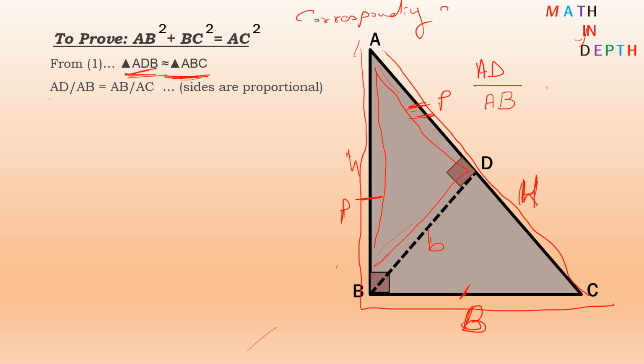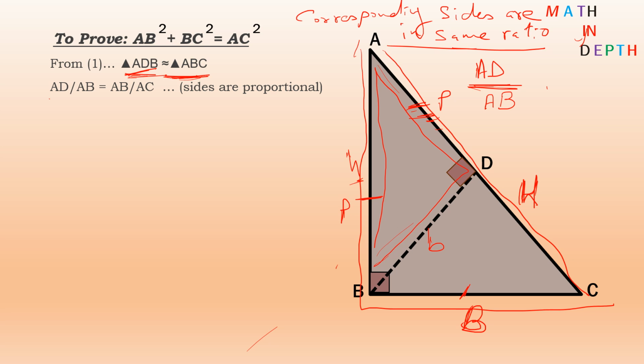That's why we are taking the same kind of sides. So corresponding side AD, here we have taken the perpendicular line, so in ABC also we will take a perpendicular line.